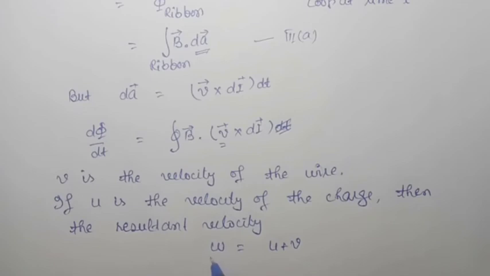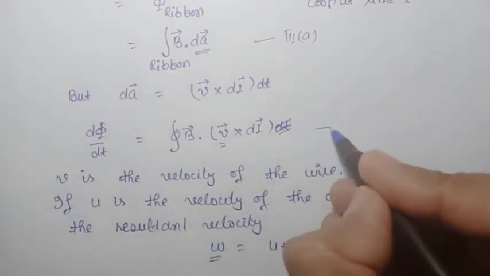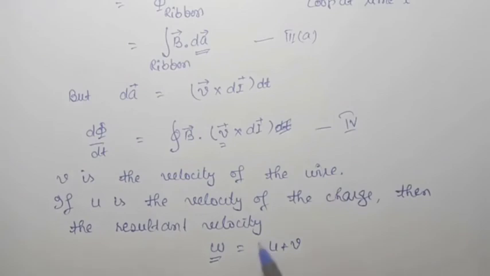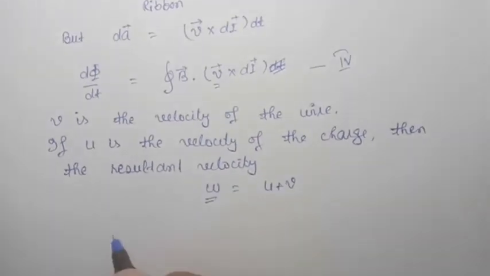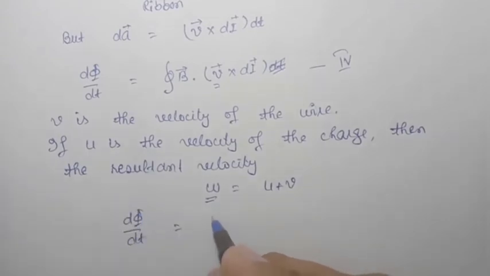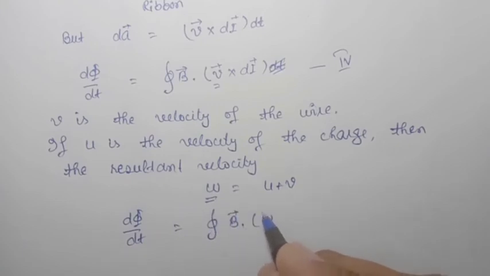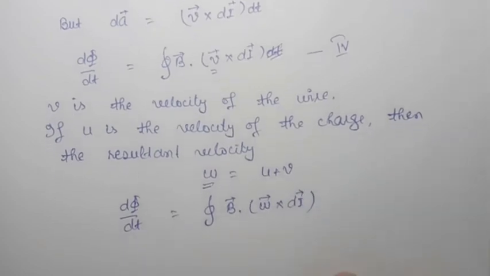So here W is the resultant velocity. Now we will substitute this velocity in place of v, so we can write d phi by dt is equal to B dot W cross dl, or we can write minus W cross B dot dl.